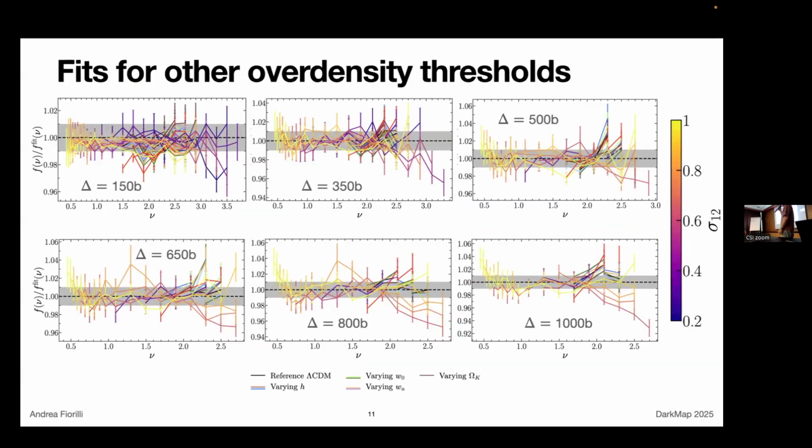For the high mass part, for large nu, not even for delta 150B. For large nu, you see that at low masses, I'm not really worried. It's still a sigma, right? So you expect, if you have a lot of points that you're presenting, to have some deviations.